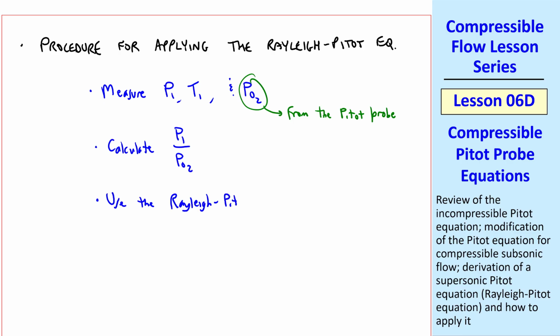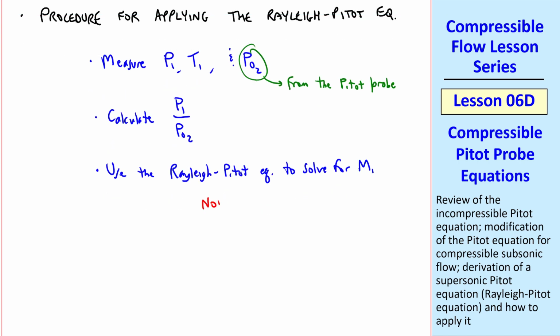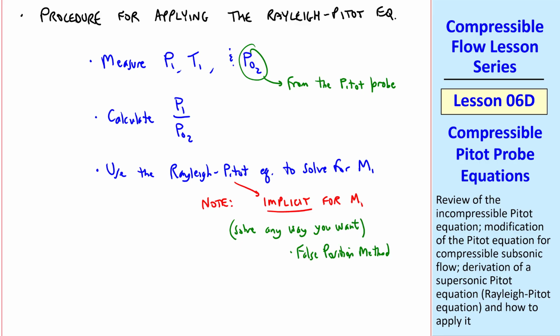Then we use the Rayleigh-Pitot equation to solve for M1. And I note here that this equation is implicit for M1, so we need to solve it any way you want: false position method, Newton's method, a software solver, or the compressible aerodynamics calculator.